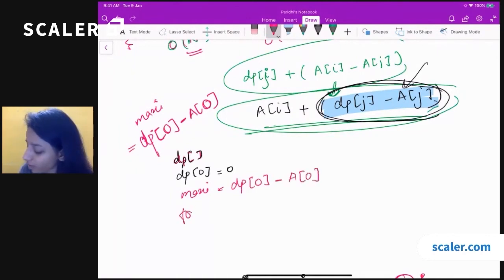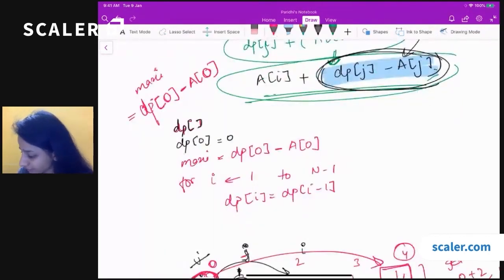So for I which goes from 1 to n minus 1, DP of I is equal to DP of I minus 1 when we are not selling the stock, so we are taking the stock of the previous day.